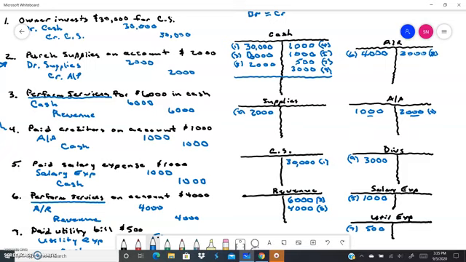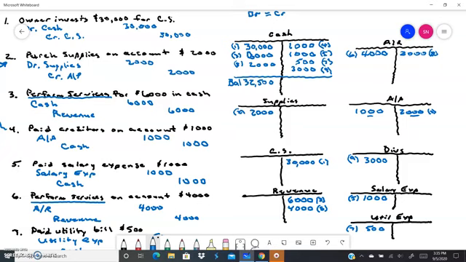In this case, for cash, we'd have debits of $38,000 and credits of $5,500. So we'd have a net debit, so our balance would be $32,500, and again, that's a debit. That's whatever side is the largest, that's where the balance would be.